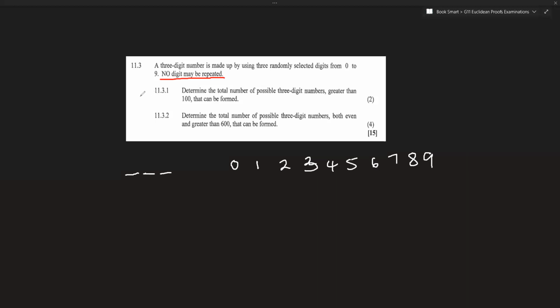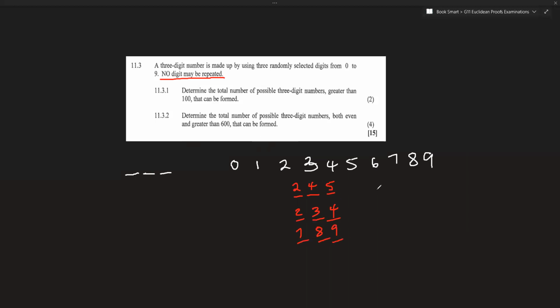Okay, let me just give you an example of what we are trying to do here. Let's say I can have 2, 4, 5. I can have 2, 3, 4. I can have 7, 8, 9, as long as it's a 3-digit code.